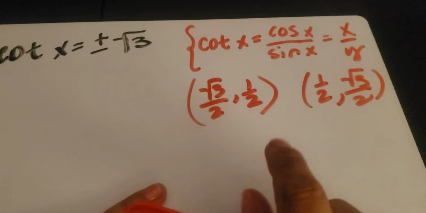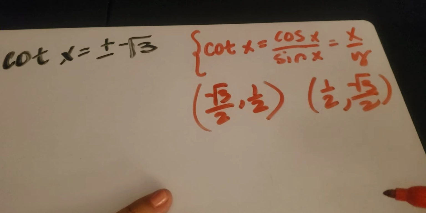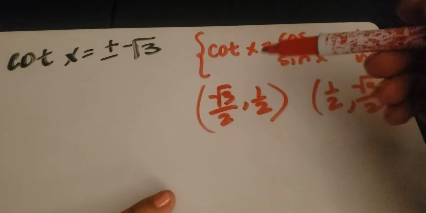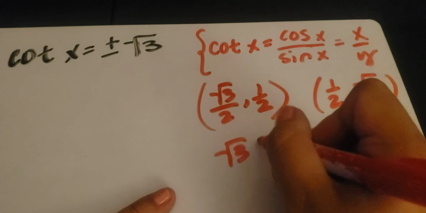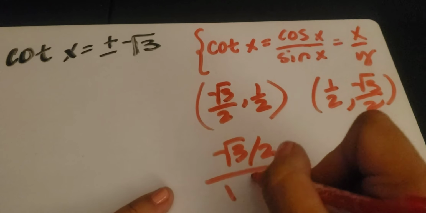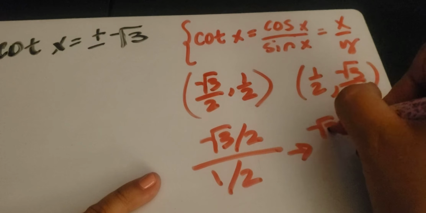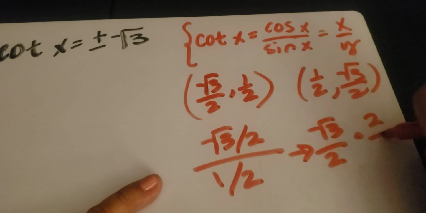We know we have to end up with square root of 3. If we want our x value on top, we're going to use this one, because square root of 3 over 2 divided by 1/2 is the same as square root of 3 over 2 times the reciprocal of 1/2, which is 2 over 1.